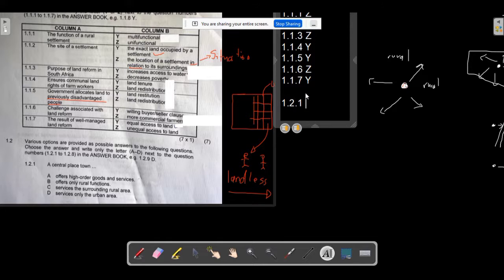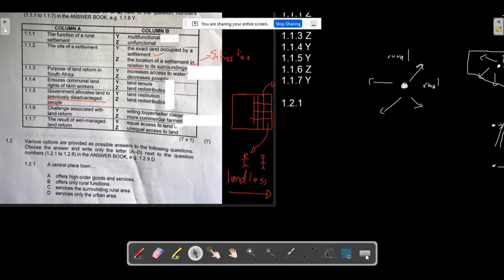B offers only rural functions. Okay, no, it's not really true. It does not offer only rural functions. Of course, there are shops there, so those are services. They provide services, of course. So it's not only primary activities. C services the surrounding rural area. Now I would agree with this one. I would go with this one. And then D services only the urban area.